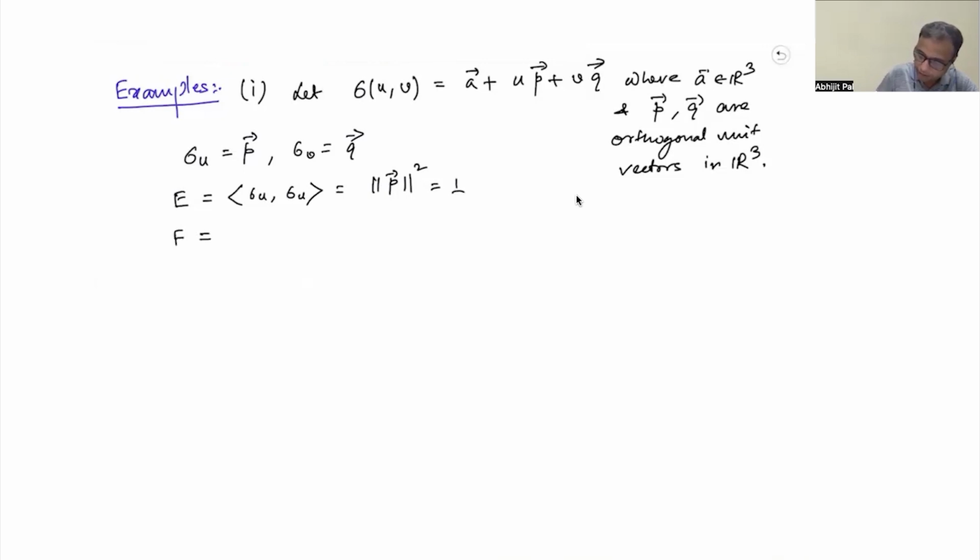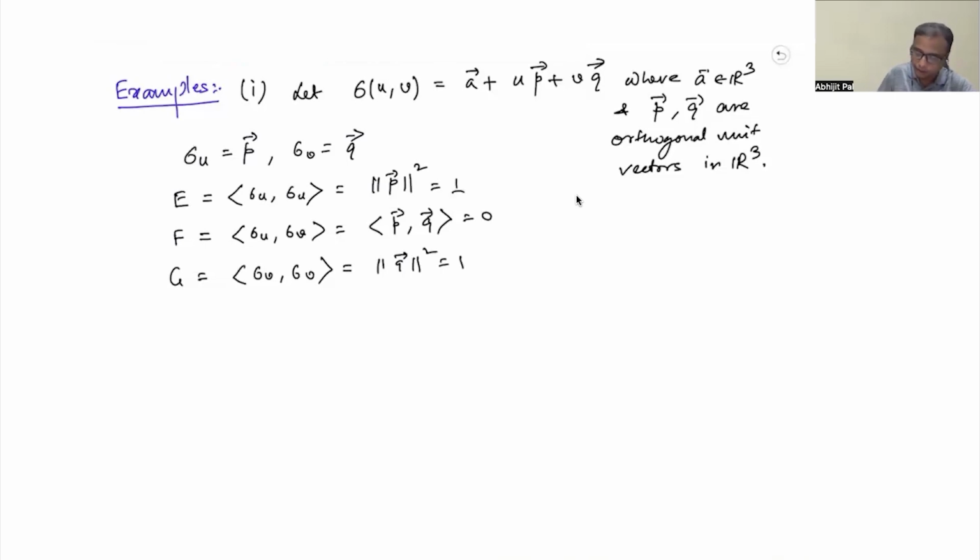F is equal to the inner product of sigma_u with sigma_v, which is the inner product of p and q, and this is equal to 0 because they are orthogonal to each other. And G is the inner product of sigma_v with sigma_v, so this will be equal to the norm of q square, which is equal to 1. Therefore, the first fundamental form ds square is equal to du square plus dv square.